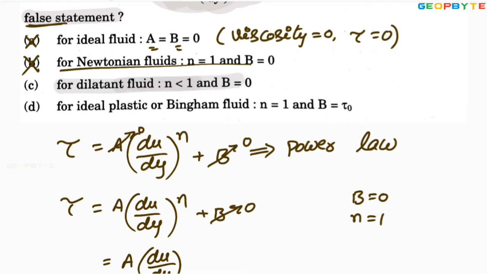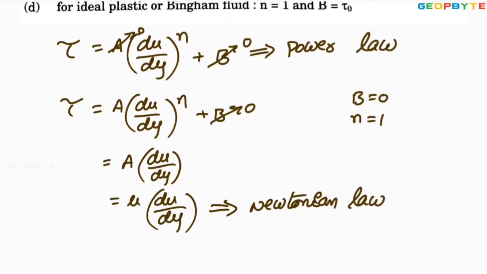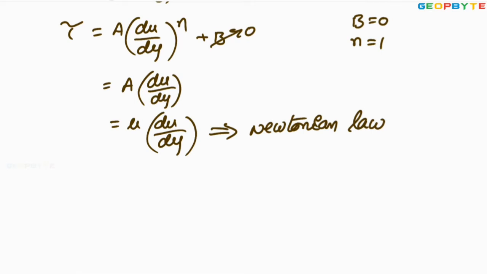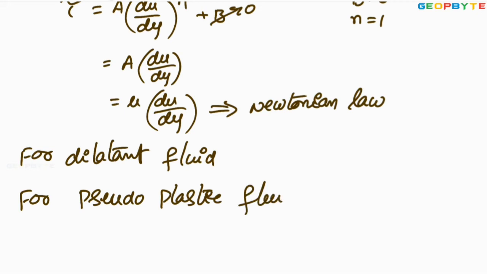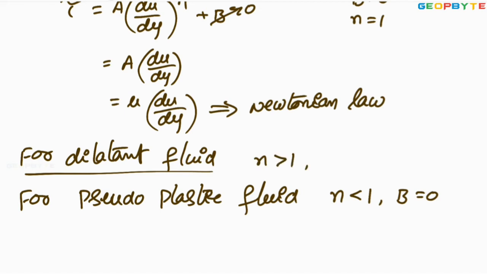For a dilatant fluid, n is less than 1 and b equal to 0. Dear friends, remember: for a pseudoplastic fluid, n is less than 1 and b equal to 0, whereas for a dilatant fluid, n is greater than 1 and the secondary constant b equal to 0.